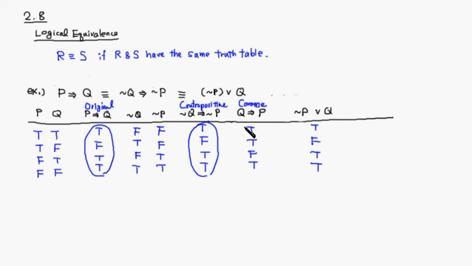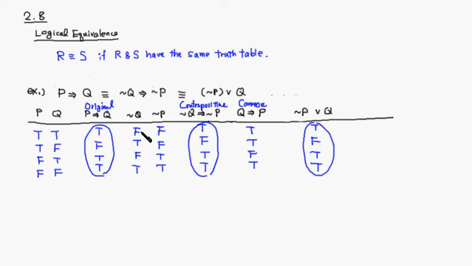But the converse is not logically equivalent, since its truth table is different from the truth table for the original or contrapositive. However, not P or Q actually has exactly the same truth values.